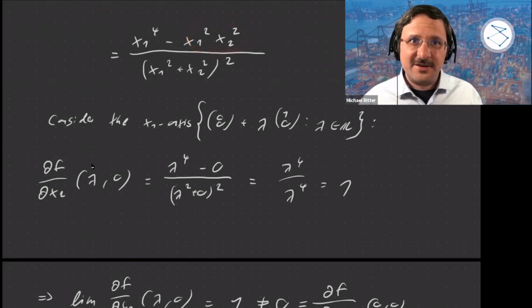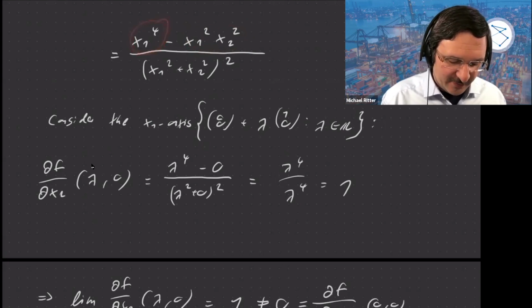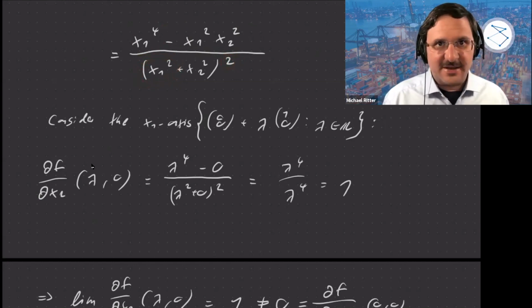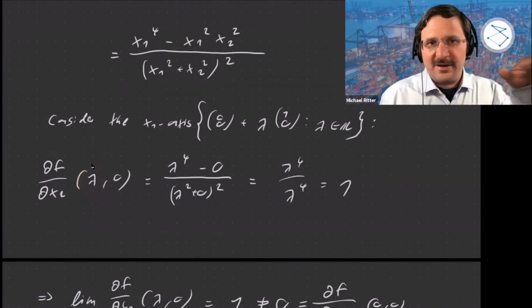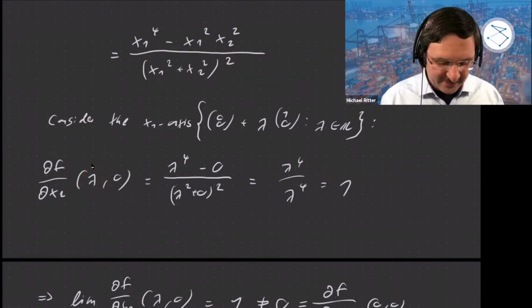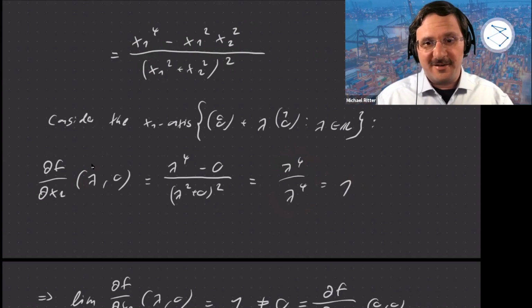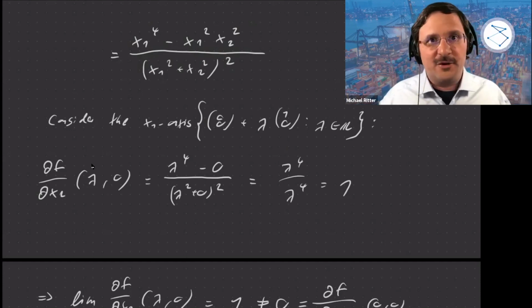That makes it easier. And then we're basically left with an x1 to the power of 4 over x1 to the power of 4. So just setting this direction to 1, by going along that x1 axis means that this cancels out and we'll be left with a constant. That's just the easiest thing I could think of here. And there'll surely be other, maybe more complicated paths that will do the same. So that's more or less a deliberate choice.